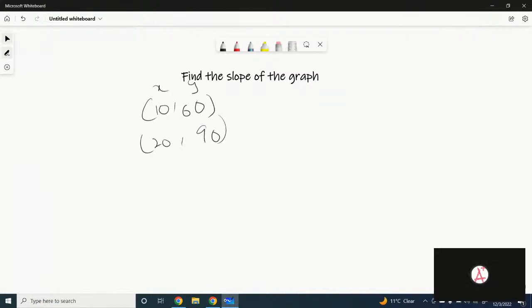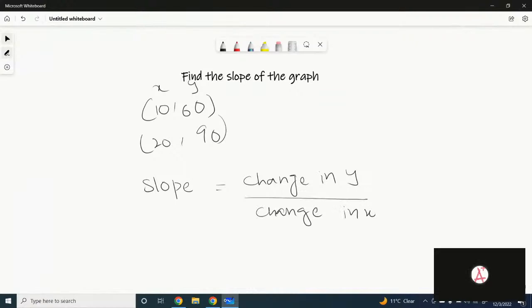So the slope is change in y divided by change in x. It would be x1, y1 and x2, y2. So it would be y2 minus y1 divided by x2 minus x1.